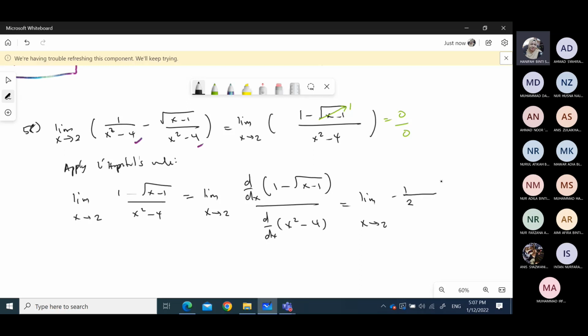A negative power means it goes to the denominator. So, double check: 1 over 2 square root x minus 1. And then over, you differentiate x squared minus 4, we have 2x.